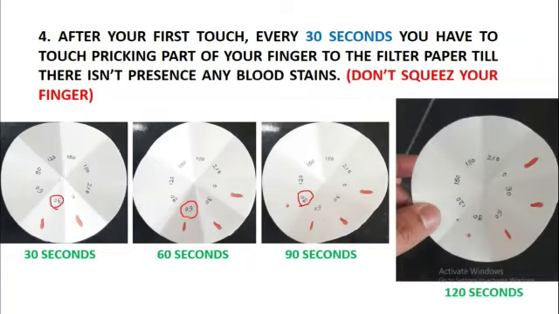And this is for the fifth time, which is around 120 seconds. The most important thing to remember is that the 120 second mark must be taken into consideration, because at this second, when you touch your pricking area, there is no blood stain. So your bleeding time must include these seconds.